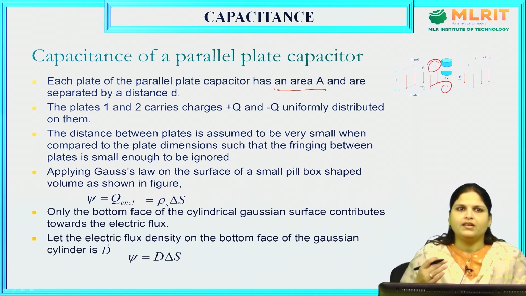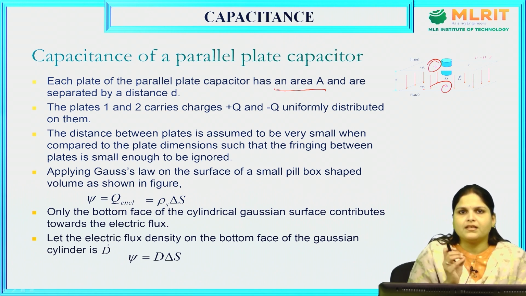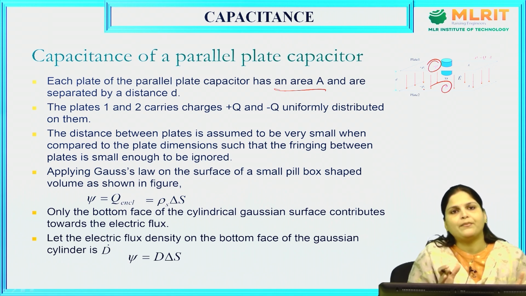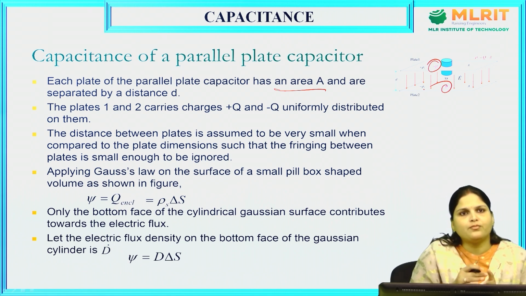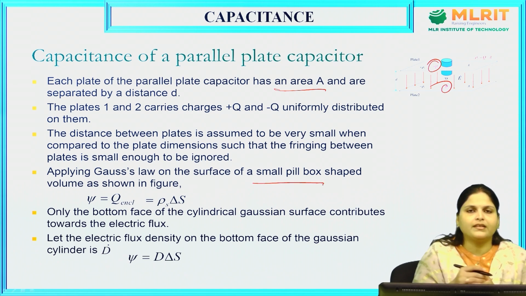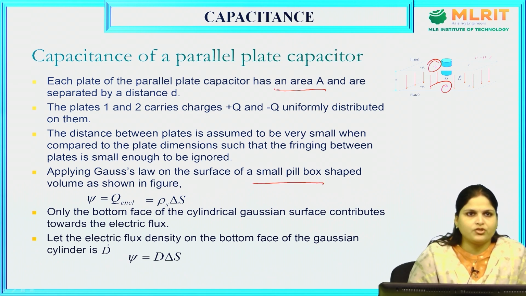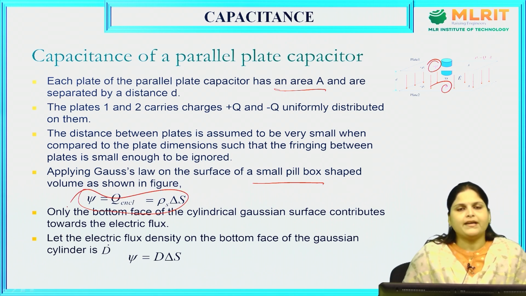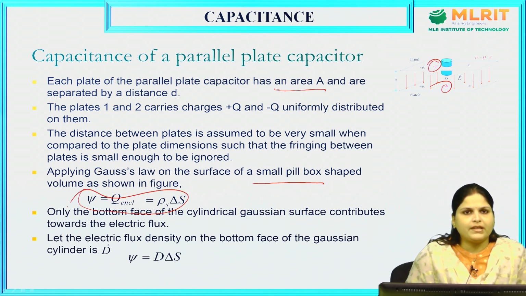The distance between the plates is assumed to be very small compared to the dimension of the plate, meaning d is much smaller than A. Next we apply Gauss law, considering the small pillbox shaped structure. As per Gauss law, psi equals Q equals rho S del S.